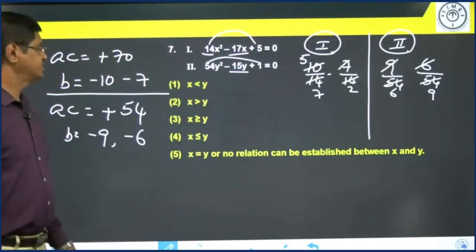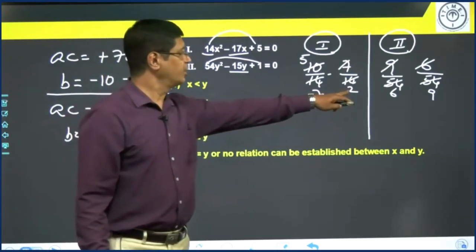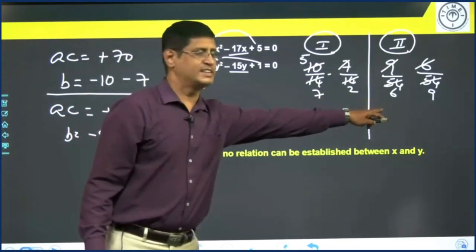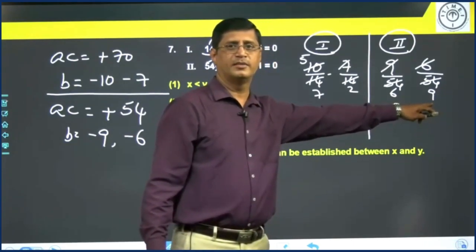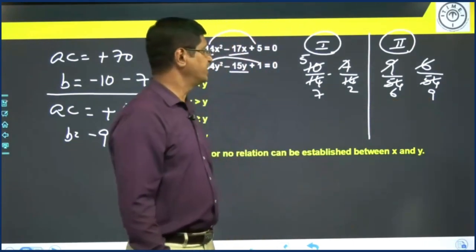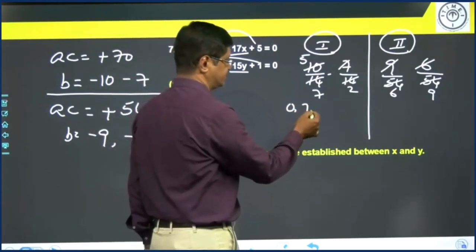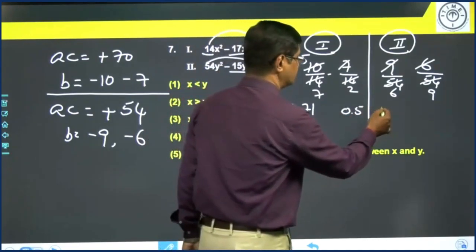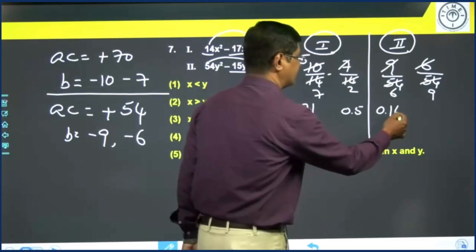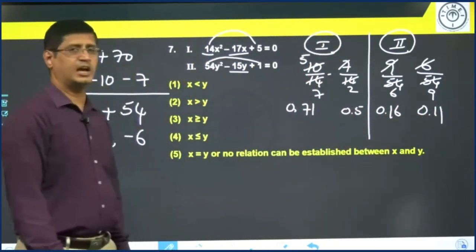So when you observe this, what is the discussion? Here 0.71, here 0.5, here 0.16, and here 0.11. So what is the comparison? Just observe.